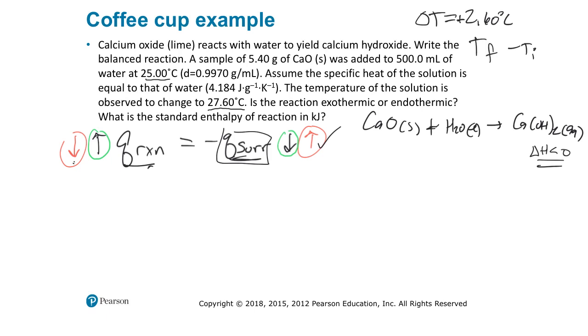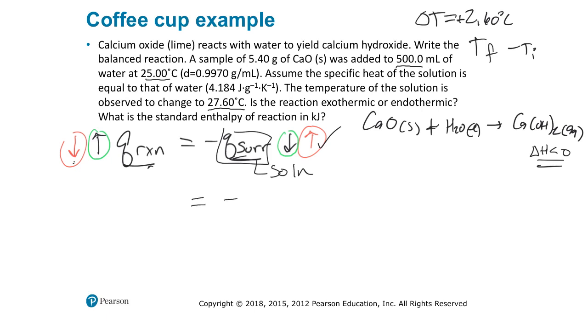Now, the way we can go about solving a problem in an example like this is to imagine what the surroundings is. What is the surroundings of this chemical reaction? The surroundings is really just this water that the reaction is taking place in, that we're seeing the temperature change in. So we can recognize that the surroundings is just the solution that the system resides in.